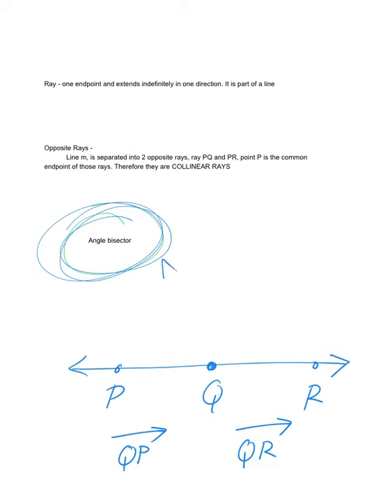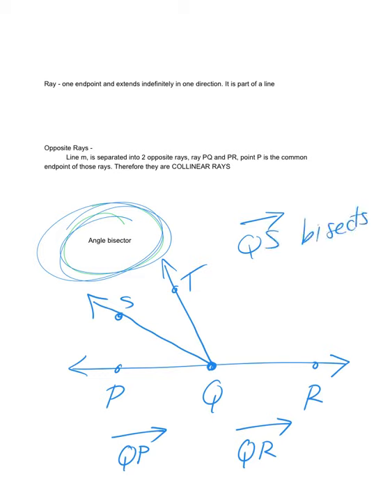Let's say I have a ray here, and I call that T. So I'm going to give you that ray QS. Ray QS bisects angle PQT.